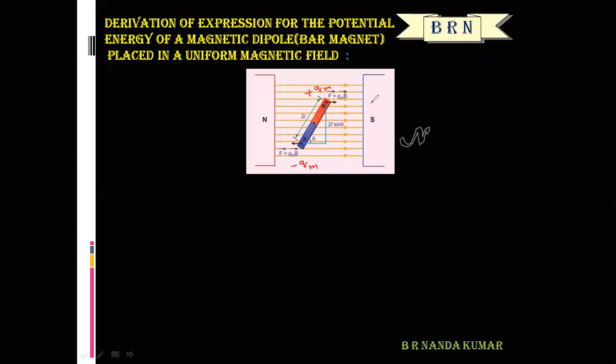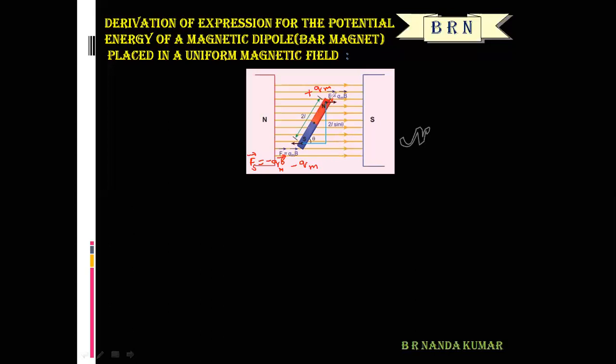So the force acting on plus Qm, that is F_N vector, is equal to Qm B vector, and the force acting on the south pole is F_S vector, equal to minus Qm B vector. Here the negative sign indicates the direction of force acting on the south pole of the bar magnet is opposite to the direction of the magnetic field.